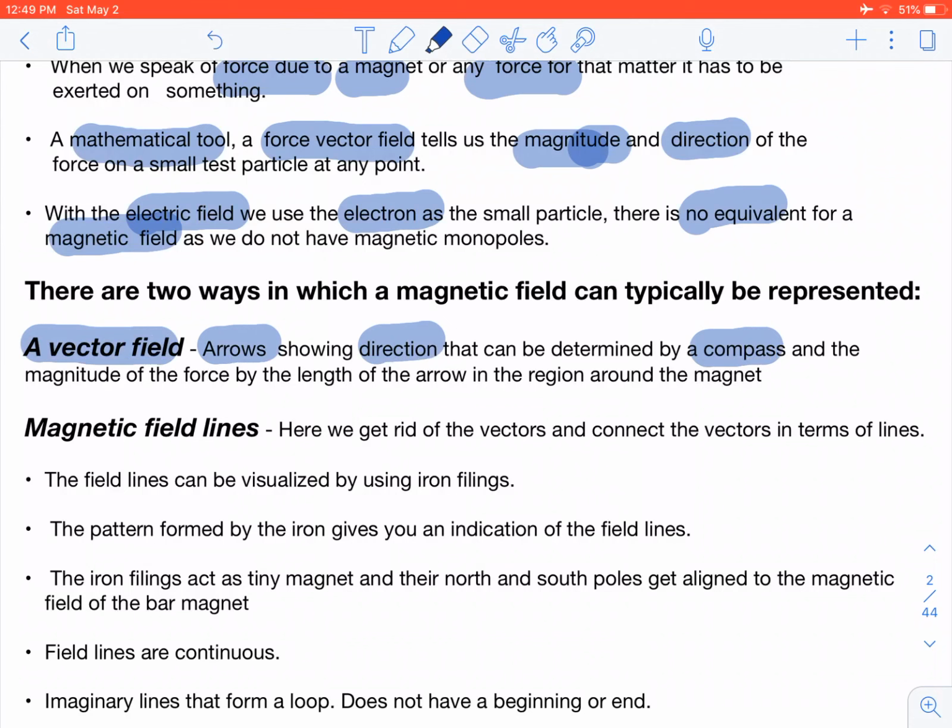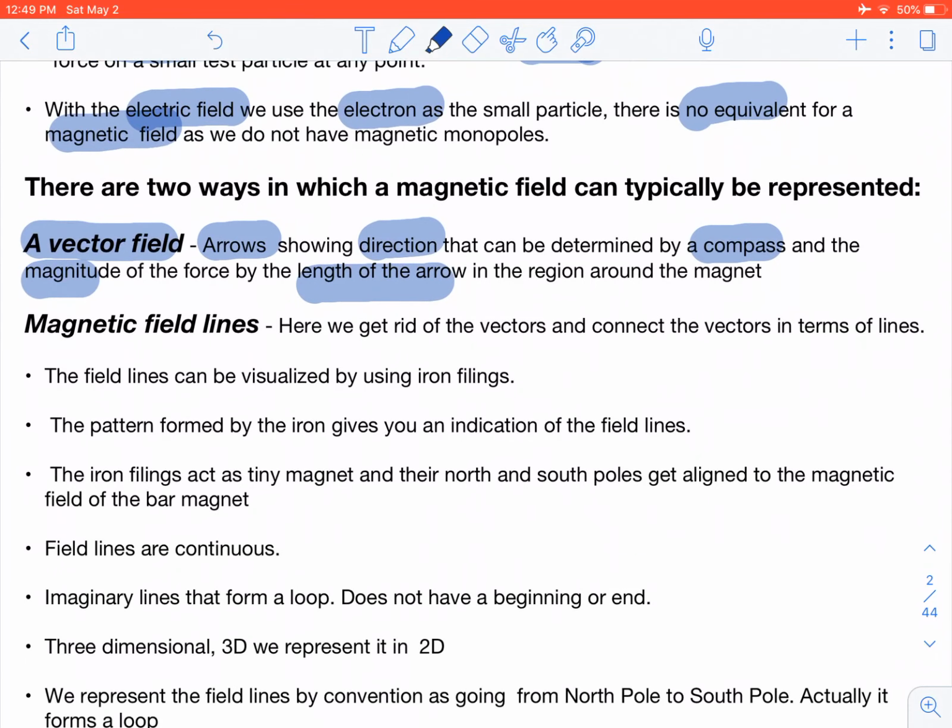And the magnitude of the force is given by the length of the arrow, right, in a region around the magnet. That's one way of representing it. But we're not going to use that picture or illustration. We're going to look at the magnetic field lines.